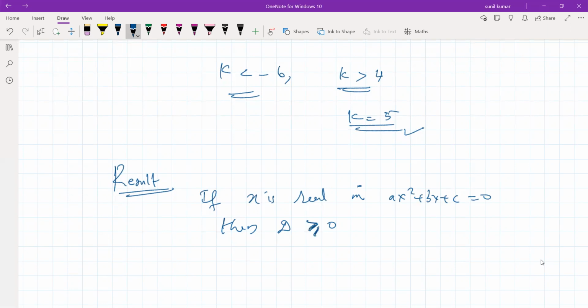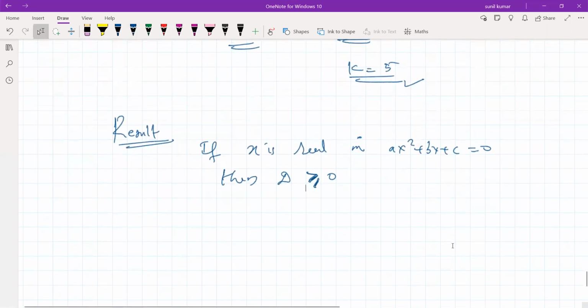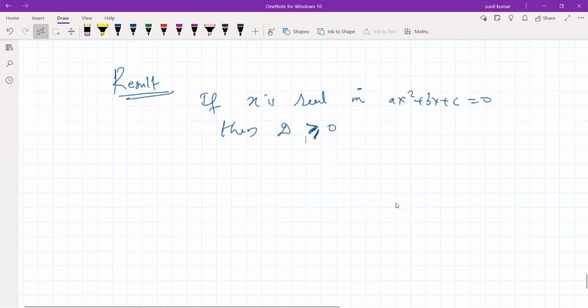This we know that if x is real, then in the quadratic equation ax square plus bx plus c, you should remember the discriminant should be greater than or equal to 0. Think about it, x is real, then ax square plus bx plus c equal to 0, discriminant should be greater than or equal to 0. This result we know.